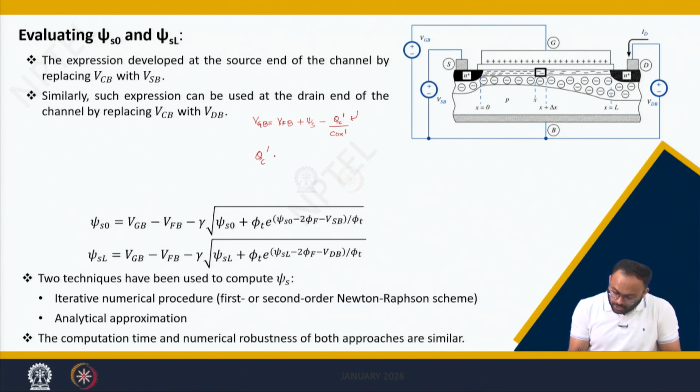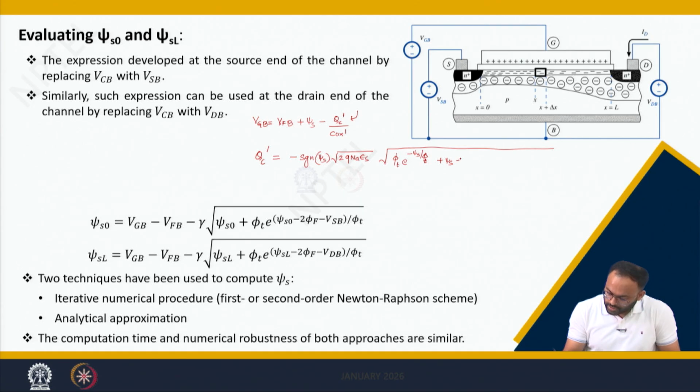Following module number 2, we have derived the channel charge, which is nothing but minus signum of psi s into square root of 2q Na into epsilon s into phi t e to the power of minus psi s by phi t plus psi s minus phi t plus e to the power of minus 2 phi f by phi t into e to the power of psi s by phi t into phi t minus psi s minus phi t.